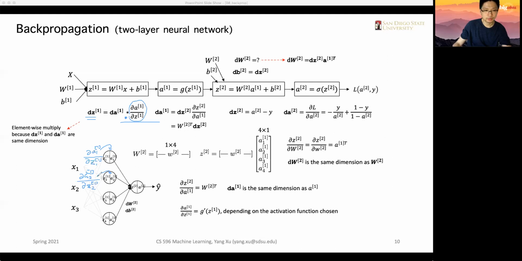And this quantity is particularly used in this unit. This partial derivative is a vector with the same shape as A1, as dA. The dA is also a vector, and the dz is also a vector. So all these three vectors have the same dimensions. Is that clear enough?